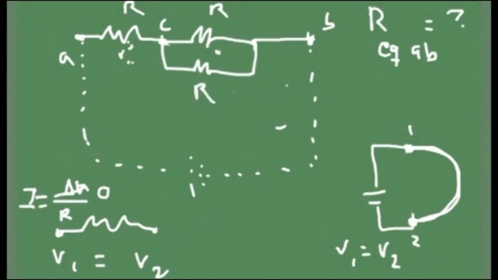Okay, so now those two are in parallel, so I can replace them with an equivalent resistance, which is going to be 1 times 1 divided by 1 plus 1, so that's 0.5 R. Right?